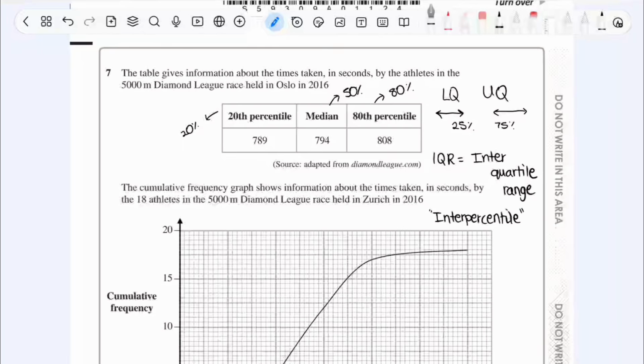The interpercentile range is not specific like the interquartile range. The interquartile range is always the upper quartile minus the lower quartile, or 75 minus 25%. The nice thing about the interpercentile range is that it's typically around the 10 to 20 and 80 to 90 points. You can use any two percentages really, and here we've got our 80th and our 20th percentile.